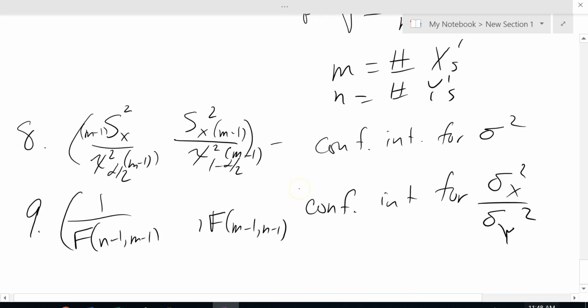So remember for your F's, you've got a numerator degree of freedom and a denominator degree of freedom, right? So that's where the m minus 1 and n minus 1 are coming from. And when we reciprocate F, it flips numerator and denominator. That's why the degrees of freedom flip on the left-hand side. And then you multiply this by your ratio of your sample variances. And then again, of course, these have to be at the alpha over 2 level.